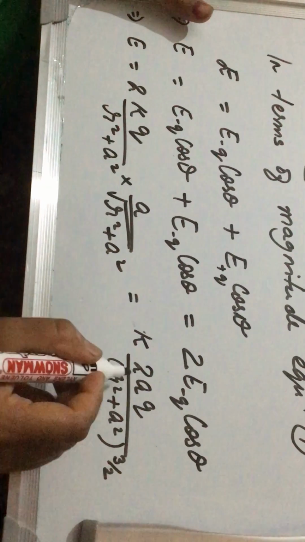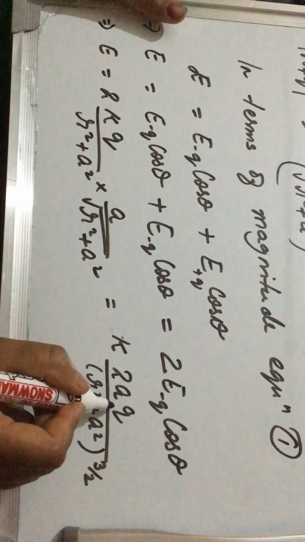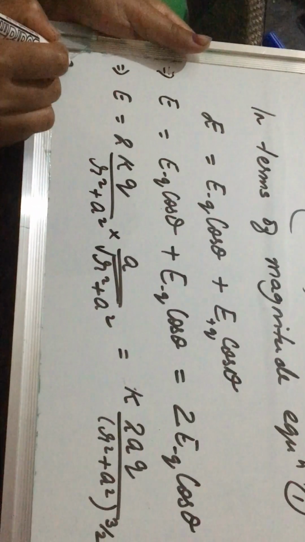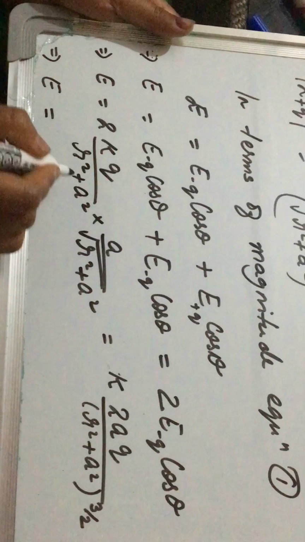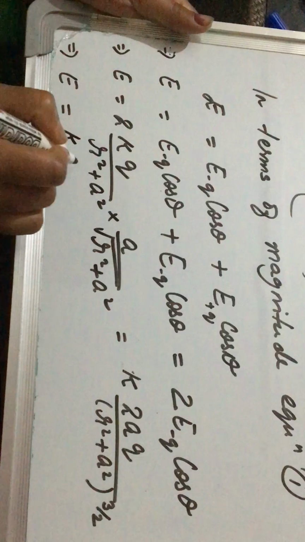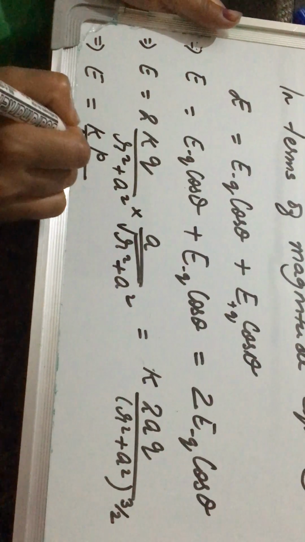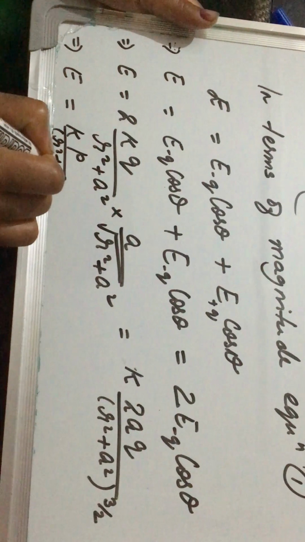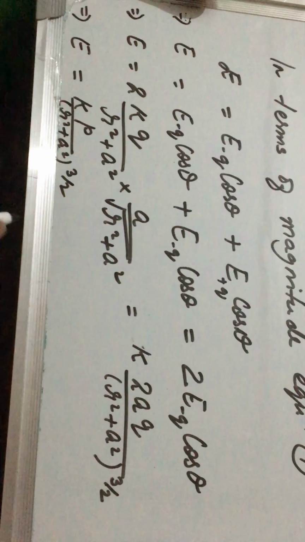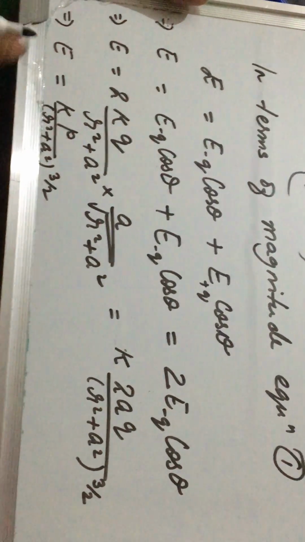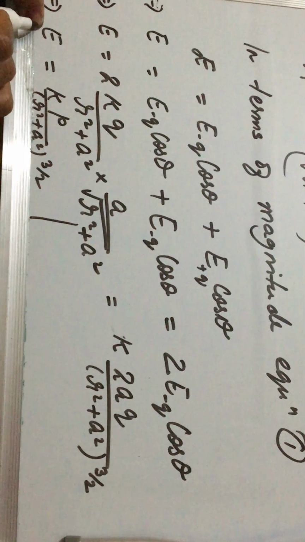Now, have we seen this one before? This is what? Dipole, right? So E is equal to what? K p by r square plus a square to the power 3 by 2. Now, can I write it in terms of vector? What is the direction of electric field?